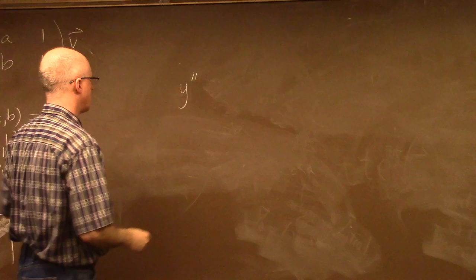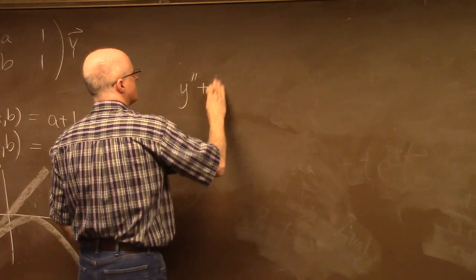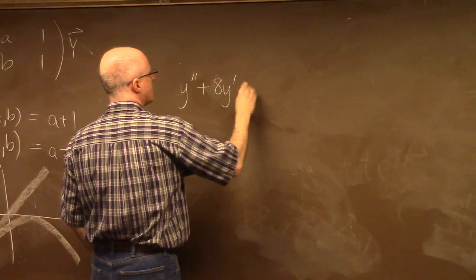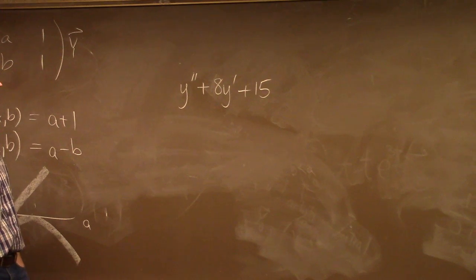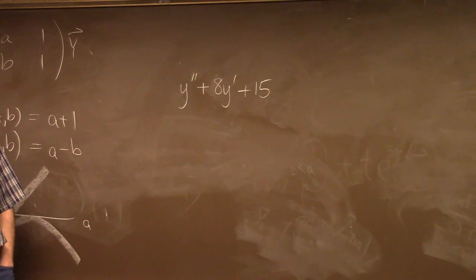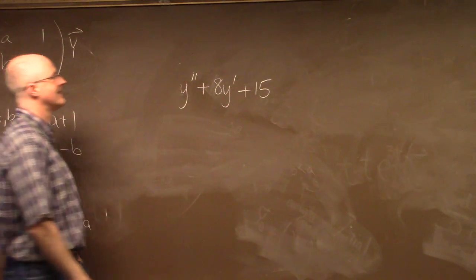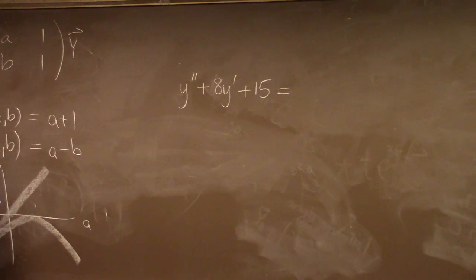Let's go y double prime plus, let's go 8y prime plus 15, making the eigenvalues nice and simple. -3 and -5. You should be able to do that in your head.